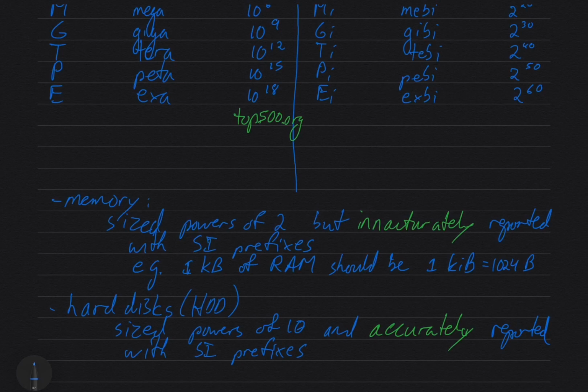So if you get a 1 terabyte hard drive, you're getting 10 to the 12 bytes of storage. So let's write that out. 1 TB HDD has 10 to the 12 bytes, not 2 to the 40 bytes.